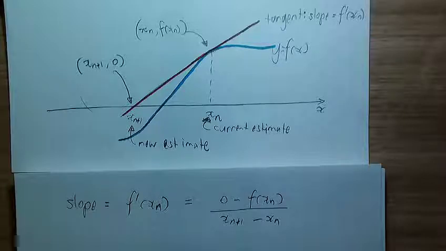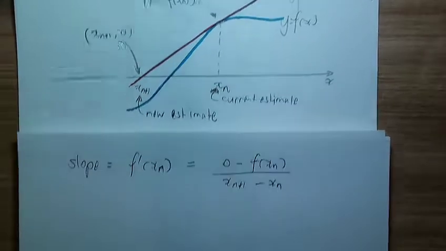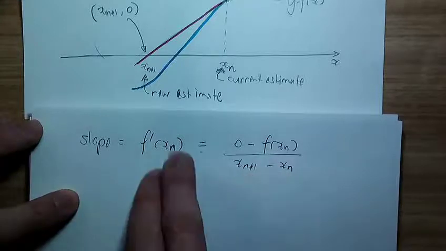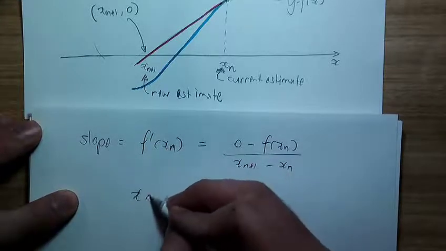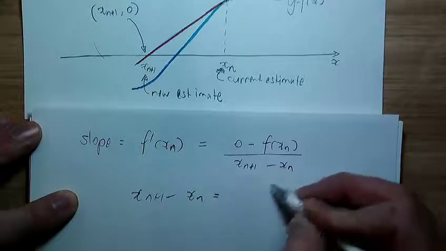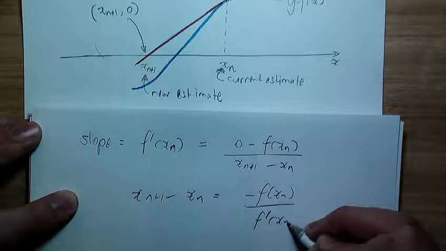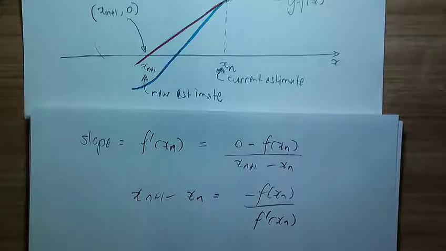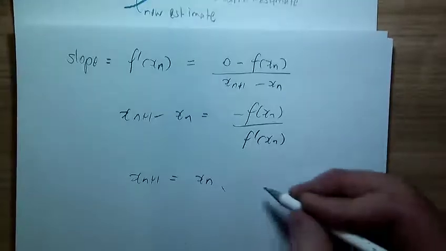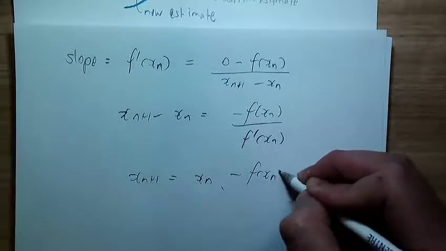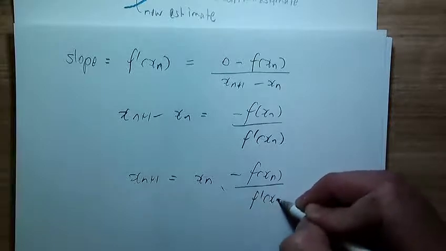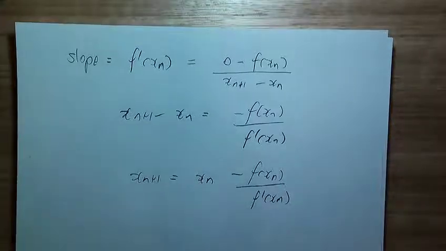And when I rearrange this, I get Newton's method. I can put this up there and that down there, and then I can add this to both of these parts. And that's Newton's method. That's how to derive Newton's method if anyone ever asks you.